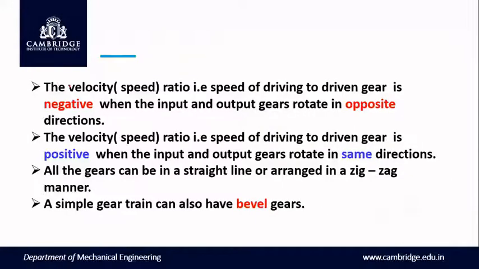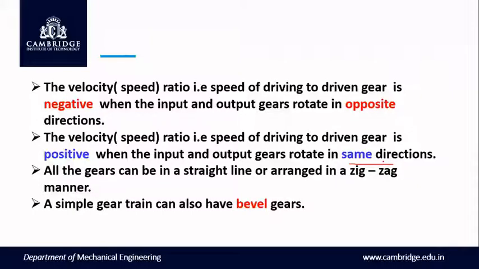The velocity ratio or speed ratio of driving to driven gear is negative when the input and output gears rotate in opposite directions, and the velocity ratio is considered positive when input and output gears rotate in the same direction.